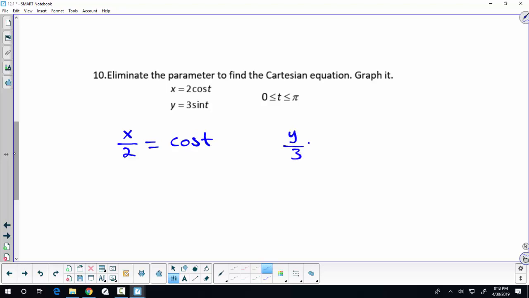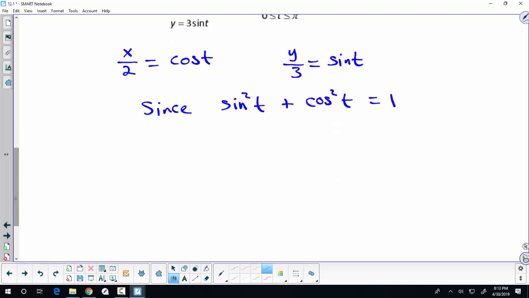So we have x over 2 is cosine t, y over 3 is sine t. And we do the same thing. We know sine squared plus cosine squared is 1. That means y over 3 quantity squared plus x over 2 quantity squared is equal to 1.